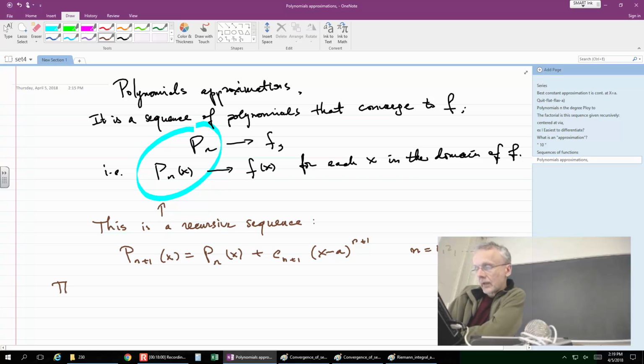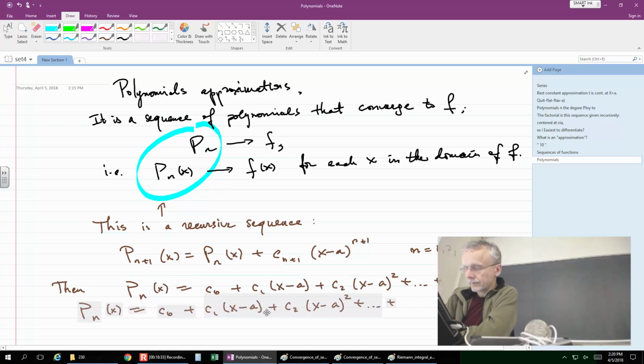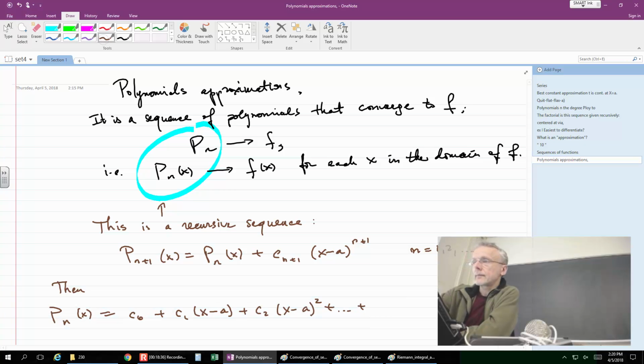So if this is the case, then Pn(x) is c0 plus c1 (x minus a). Remember, they're centered at a. Plus c2 (x minus a) squared, plus and so on, c(n-1) (x minus a) to the n-1, plus cn (x minus a) to the n.